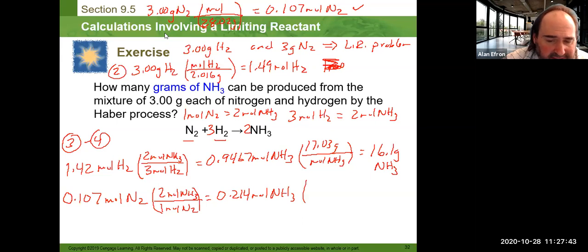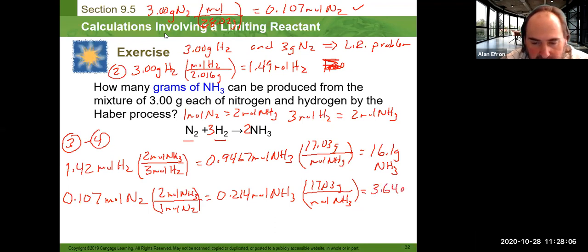We then could use the same molar mass of NH3 as we did above, which is 17.03 grams per mole. And 0.214 times 17.03 gives us something like 3.64 grams of NH3 would be produced from the nitrogen.